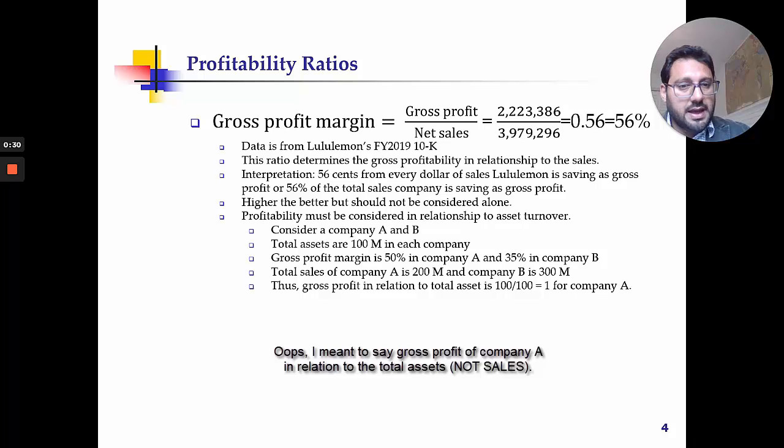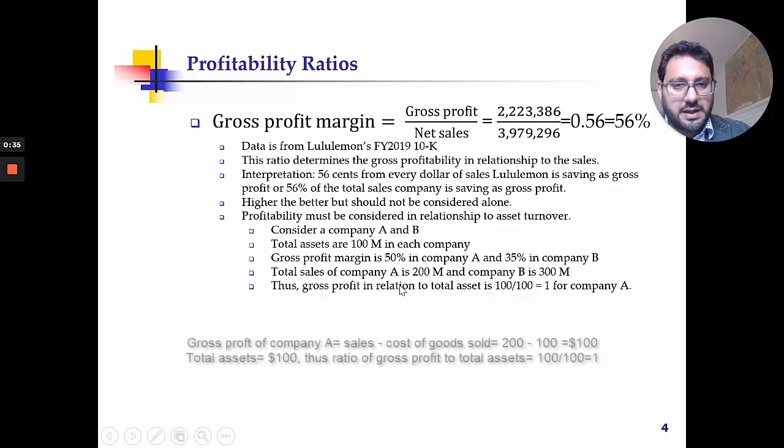For company A, the gross profit is the 200 million minus the 100 million cost of goods sold. So the rest is 100 million, which is the gross profit for company A, and that gives us the 50% gross profit margin.